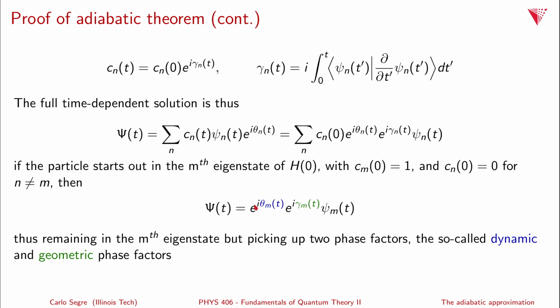First of all, it picks up a dynamic phase factor, which just depends on the energy integral as a function of time, but it picks up a geometric phase factor, gamma sub m of t as well, which depends on this inner product, psi sub m of t prime with its own time derivative. So this confirms the premise and shows the proof of the adiabatic approximation.